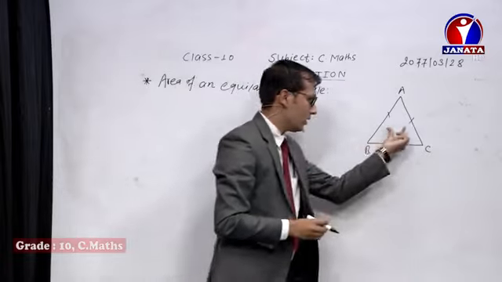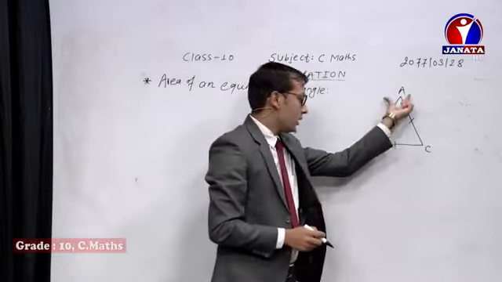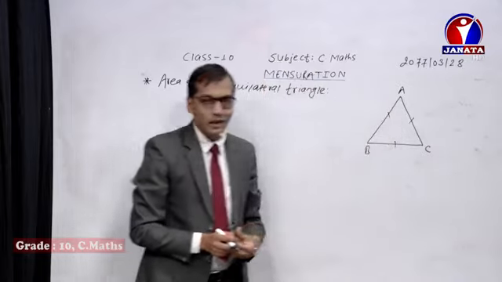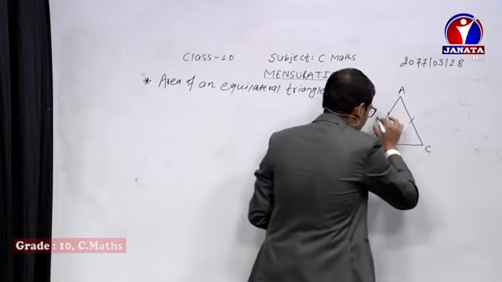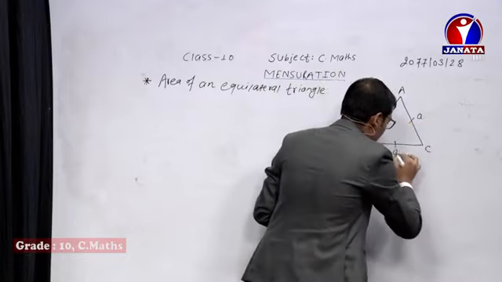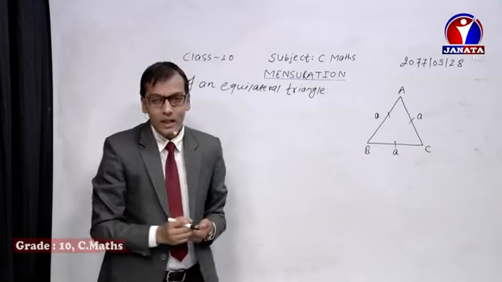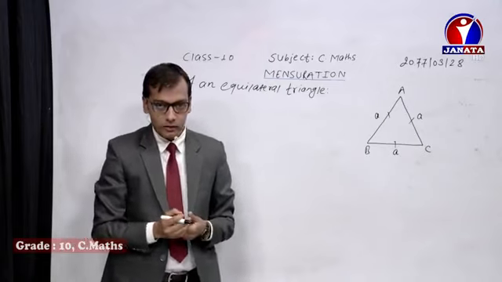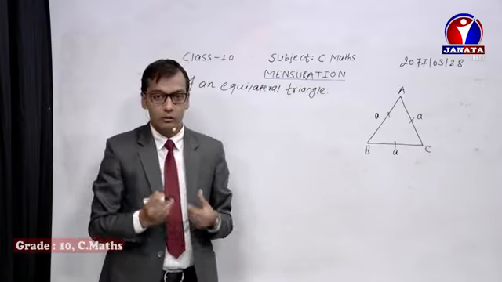So this is an equilateral triangle. Here, three sides are AB, BC and AC. They are equal in length. And if we denote the side of an equilateral triangle by A, what is A? A is the length of each side of the equilateral triangle.